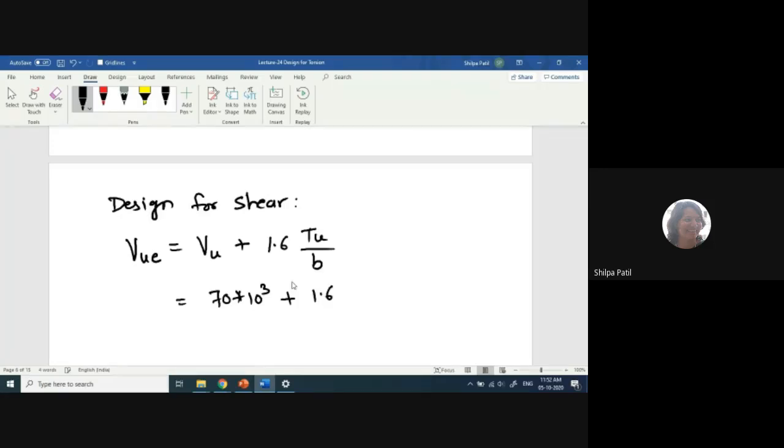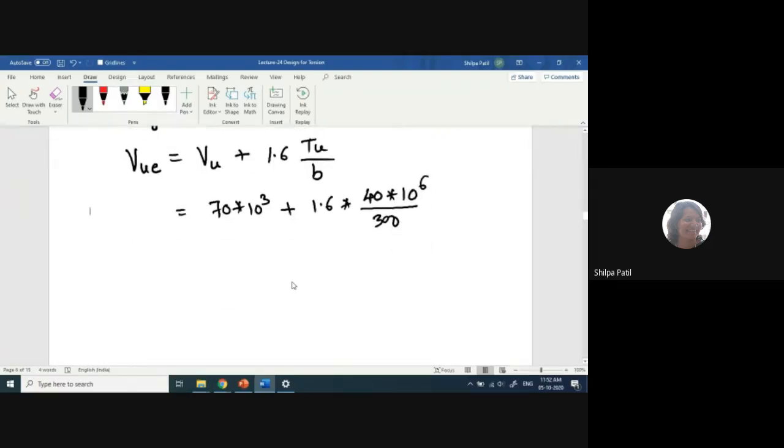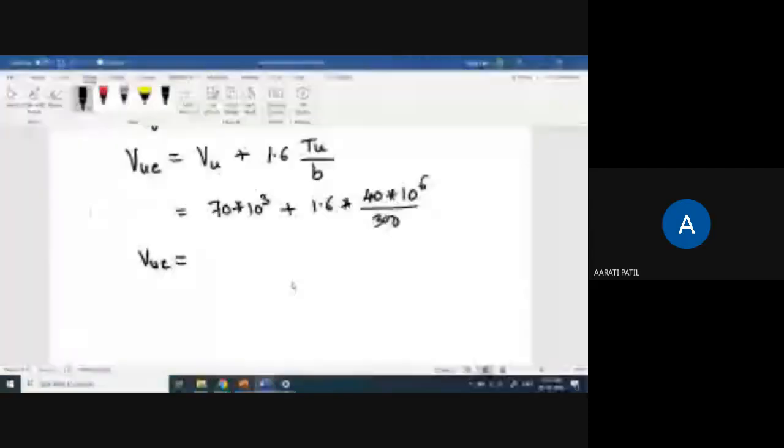What is the TU value? 40 kilonewton meter, so convert it into Newton mm, divided by B which is 300. So find out VUE. 283.33 kilonewton. Yes, ma'am.